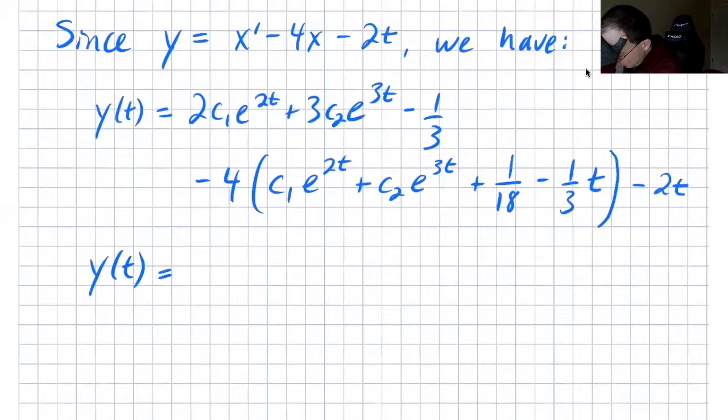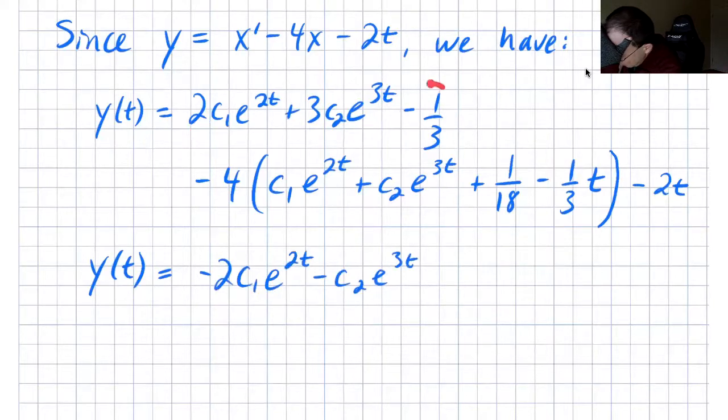So let's see. We have 2c1 minus 4c1. So that is going to be minus 2c1 e to the 2t. And then we have 3c2 minus 4c2. So that will be minus c2 e to the 3t.